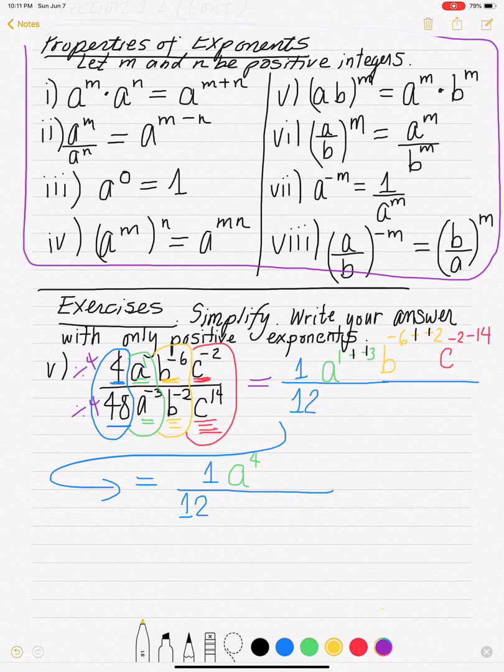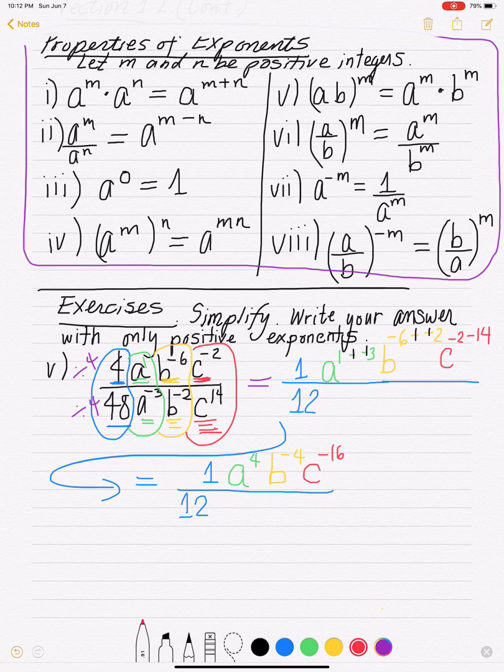Then I'm going to go to my b, my yellow component. I'm going to take negative 6 plus 2. What's negative 6 plus 2? Negative 6 plus 2 is negative 4. And finally, I'm going to do my c component. We're going to write c to the, what's negative 2 minus 14? Negative 2 minus 14 is negative 16.